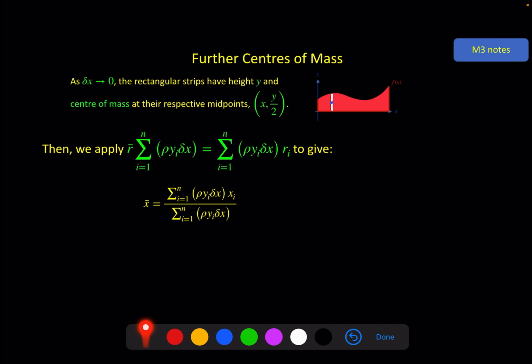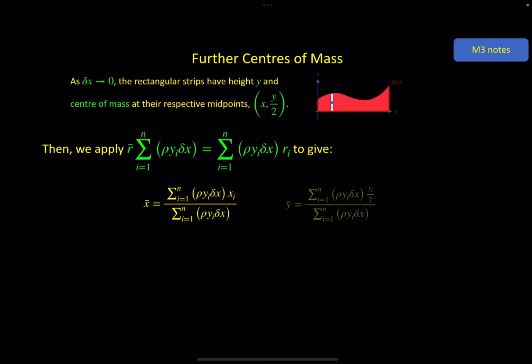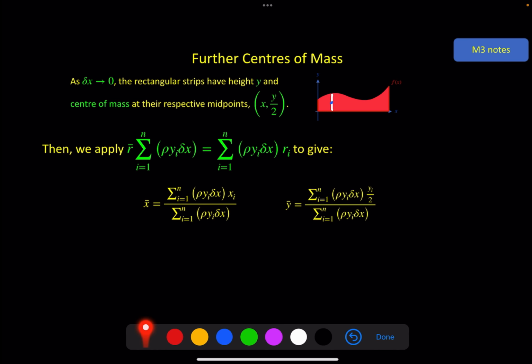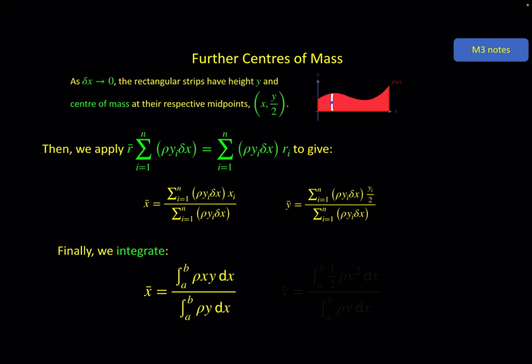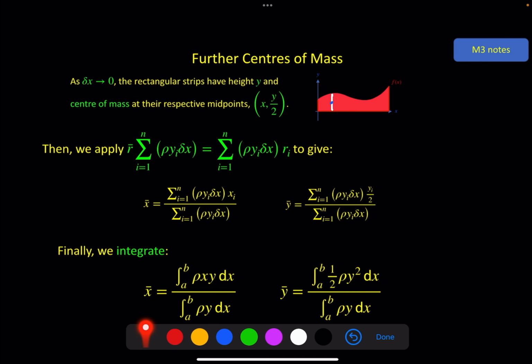For the y-coordinate, I'm going to do the same, change the r's into y's here, and then divide through by this, and the y-coordinate of the center of mass of each strip we know is y over 2. So that gives us this formula. Finally, then we can integrate as we take this to its limit, delta x tends to 0, the summations become integrals. We get this for the x-coordinate, and this for the y-coordinate.